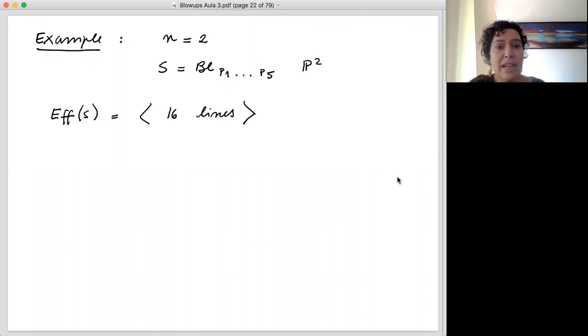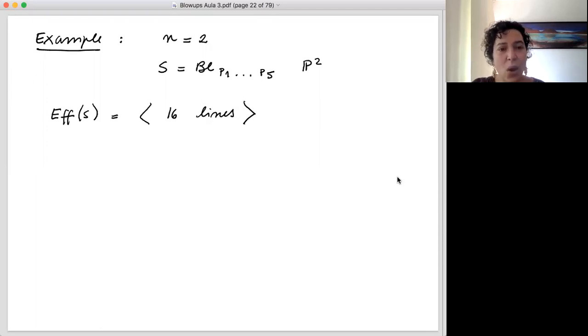And in this case, as we have discussed in the first lecture, the effective cone of the surface is a cone generated by 16 extremal rays, which are the 16 lines on the quartic del Pezzo surface.